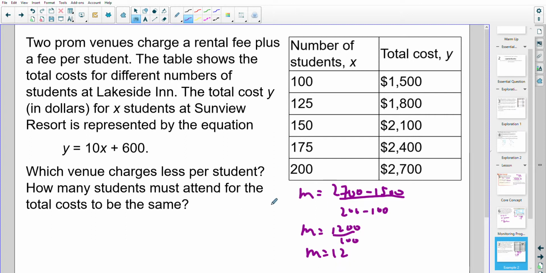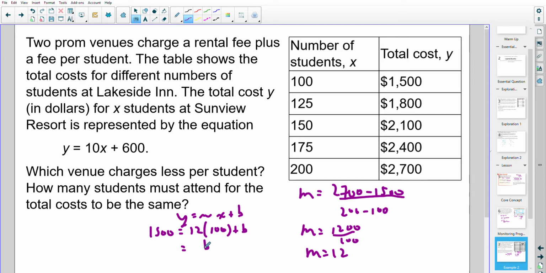All right, so that's the first part. Then what you can do is say, I can use y equals mx plus b now to find my y-intercept. I have a point, let's just use the first point, 1500 equals 12 times the x, which is 100, plus b, and I want to find out what my b is.